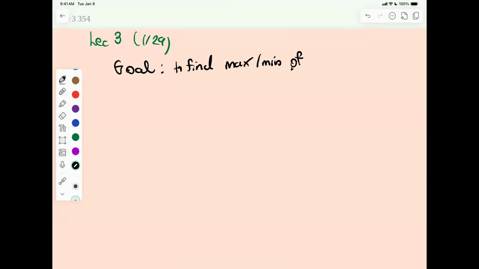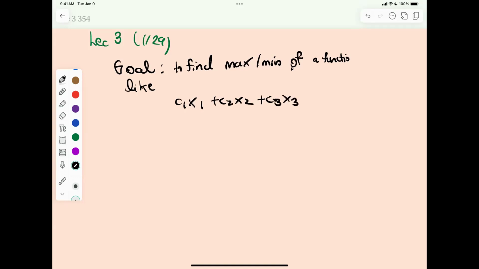But you want to find the max or min of a function like C1 x1 plus C2 x2 plus C3 x3, and so on up to Cn xn, where x1, x2, x3 up to xn satisfy some inequalities.